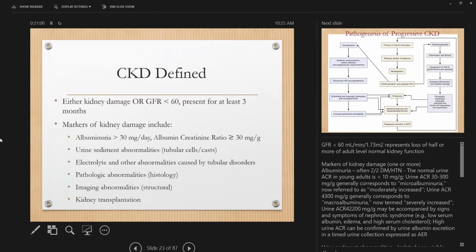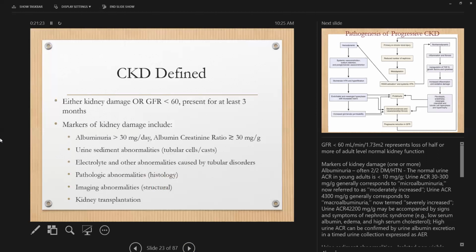We can look at the albumin creatinine ratio. We can look at the electrolytes. What would you expect if I have chronic kidney disease occurring? Would you expect to see a change in my potassium? Yeah, hyperkalemia. Yep, you could see that potassium going towards the high end.